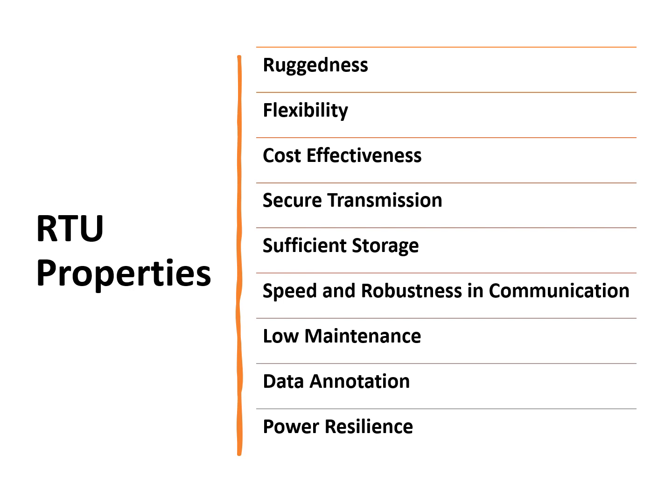Low maintenance. Due to its remote location, an RTU must be built with very little need for periodic maintenance and field inspections. Data annotation. An RTU must be capable of data annotation or labeling in order for the main terminal unit, MTU, to properly distinguish each data item.